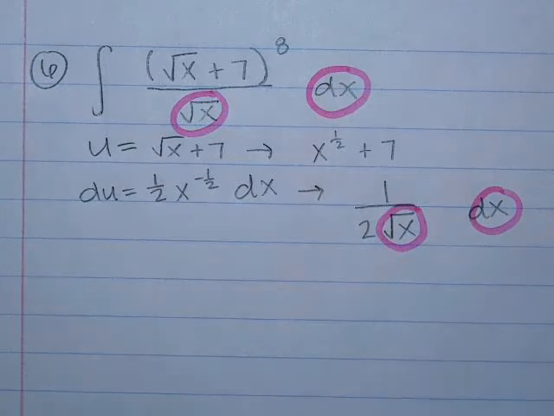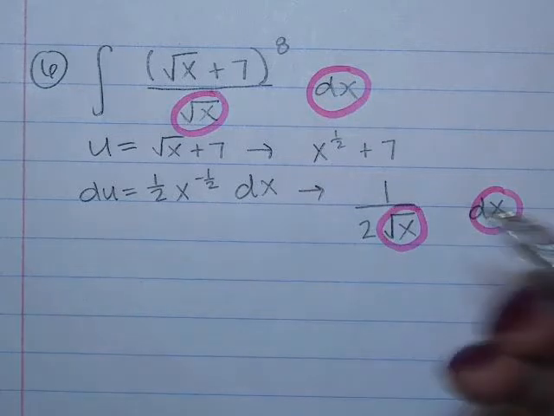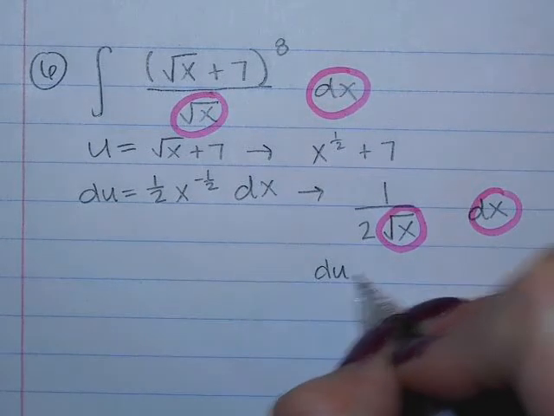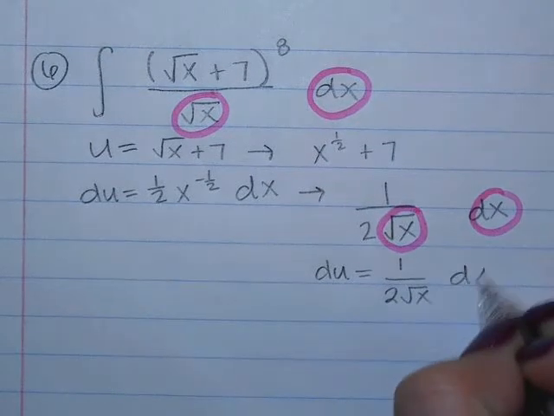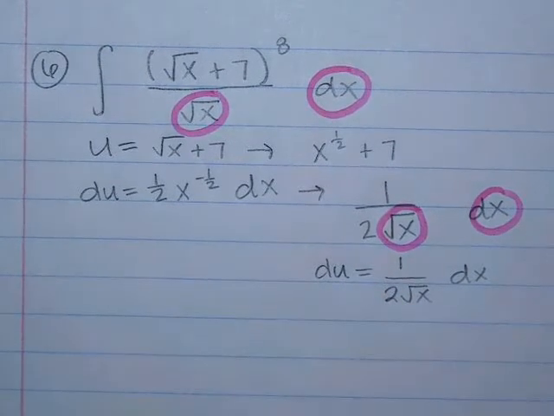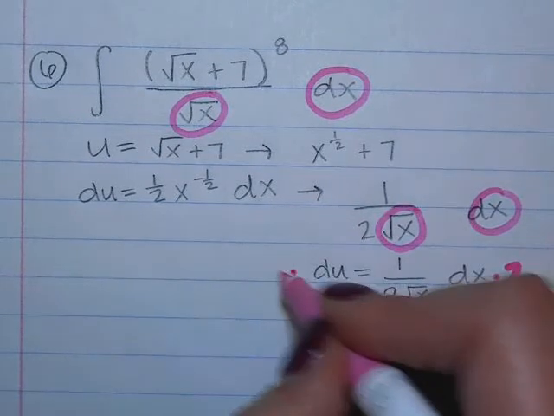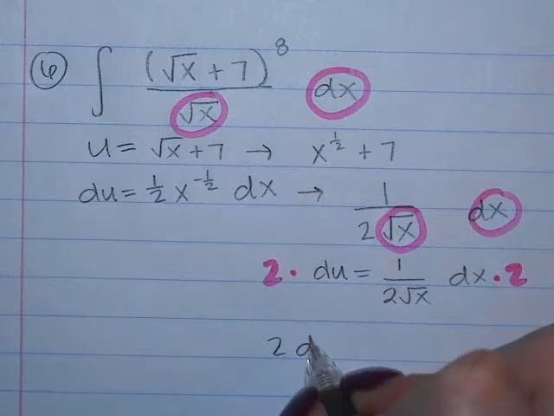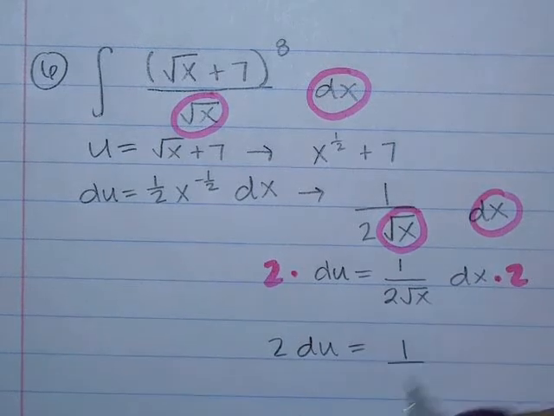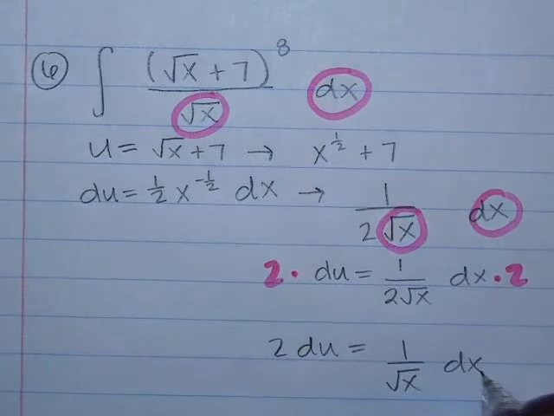All right, so right now I've got du equals 1 over 2 root x dx, and I'm going to multiply each side by 2. So I've got 2 du equals 1 over root x dx.